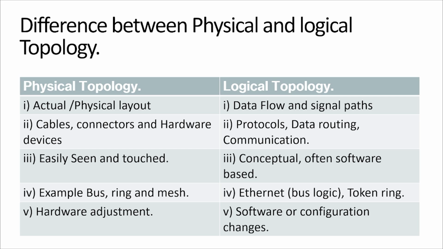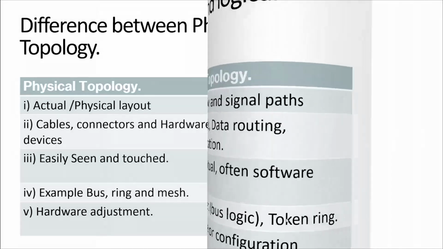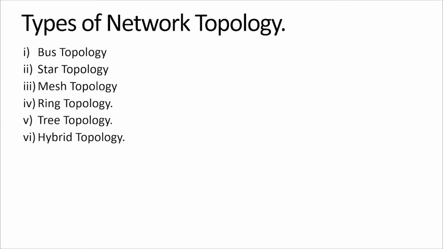Those are examples of that one, because it cannot be seen. Feel me? In physical topology you can adjust hardware, but in logical topology you can adjust software or configuration changes. Feel me?